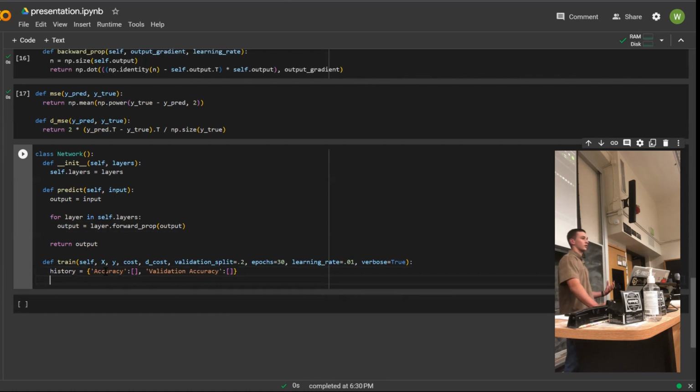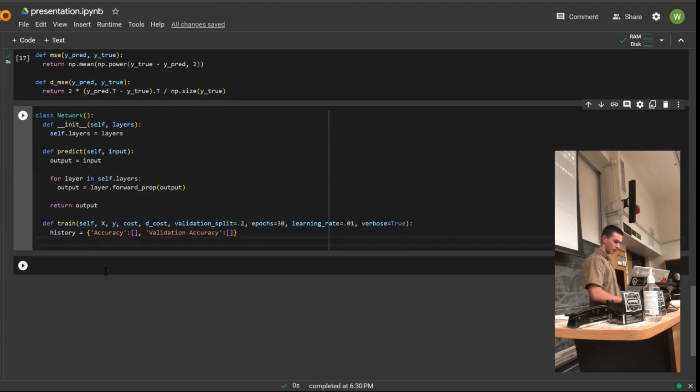As our network's training, we're going to keep track of its progress by splitting the training set into stuff that the network is going to see and stuff that the network isn't going to see. And that's going to help us determine if our model is overfitting, because we're going to train it on the non-validation data and we're going to evaluate it on the validation data.